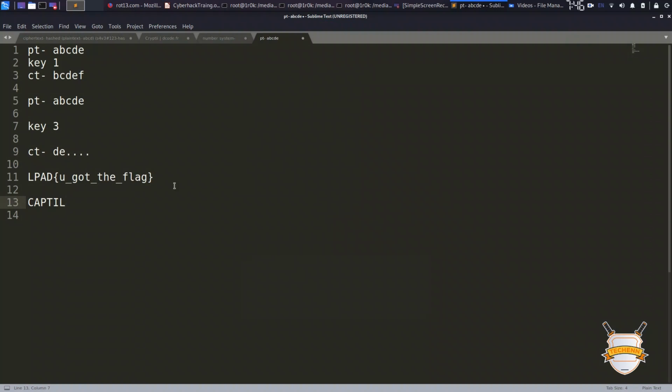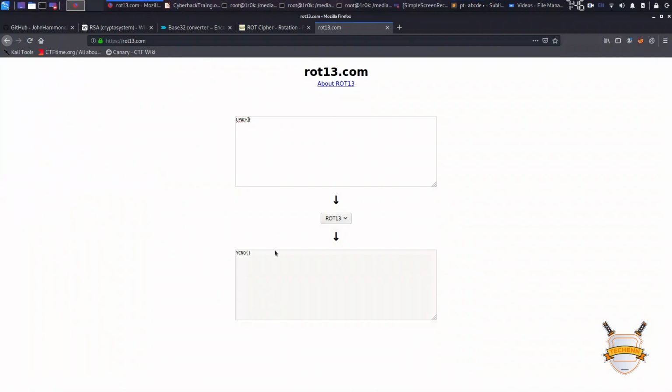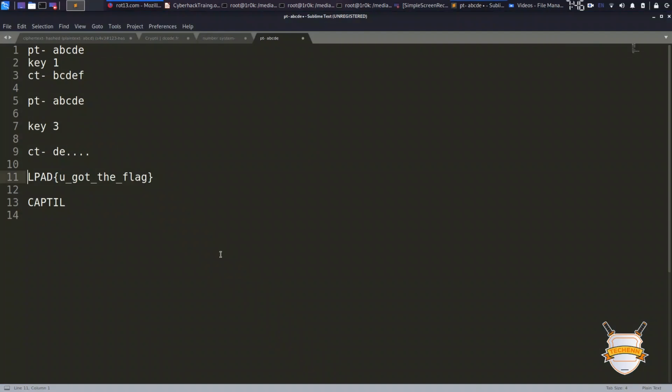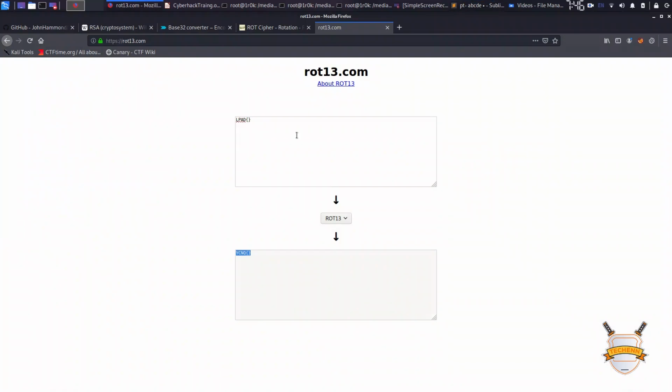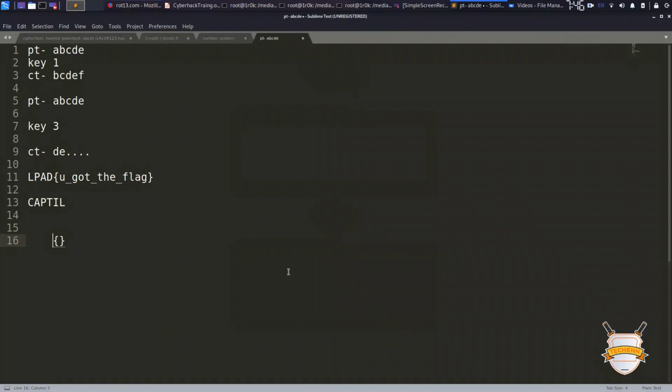I know that the flag format of this particular CTF competition is LPAD, all capital letters, and the ciphertext given is this. So I can say this resembles our LPAD somehow. If I rotate it by 13, I will get LPAD. So using this you can try.